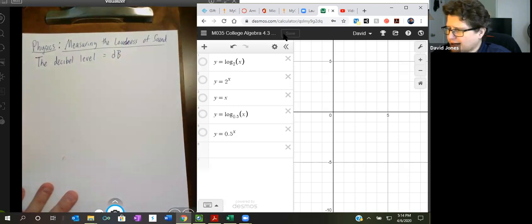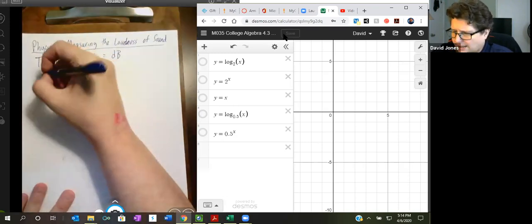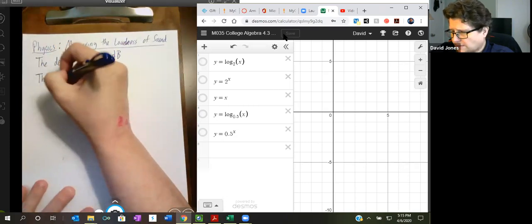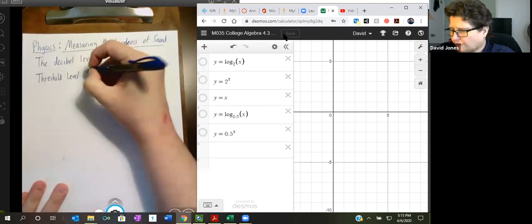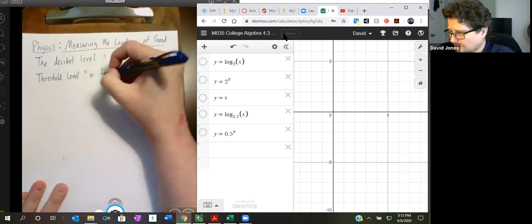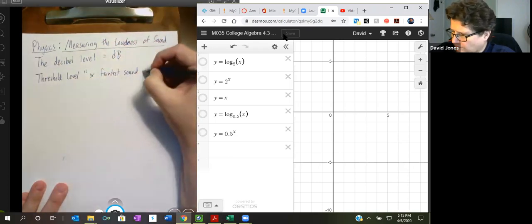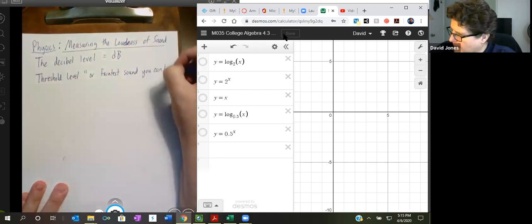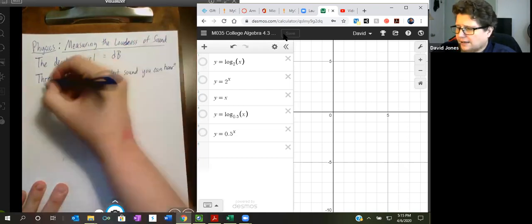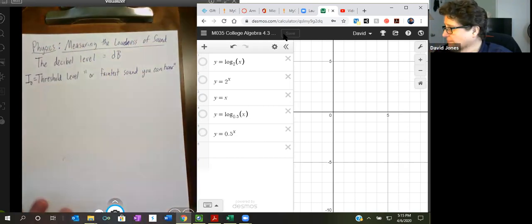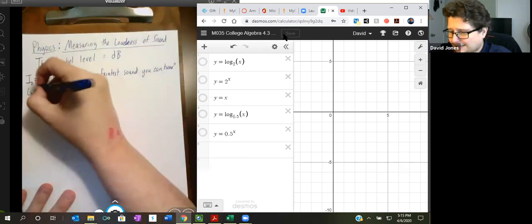The way they do it is they assign the threshold level, or faintest sound you can hear. They call that I with the subscript O. I is for intensity.